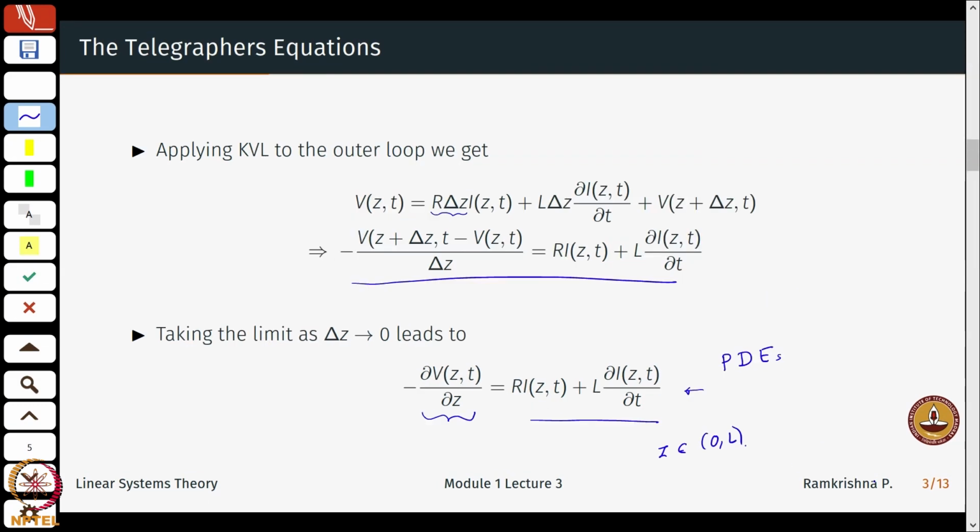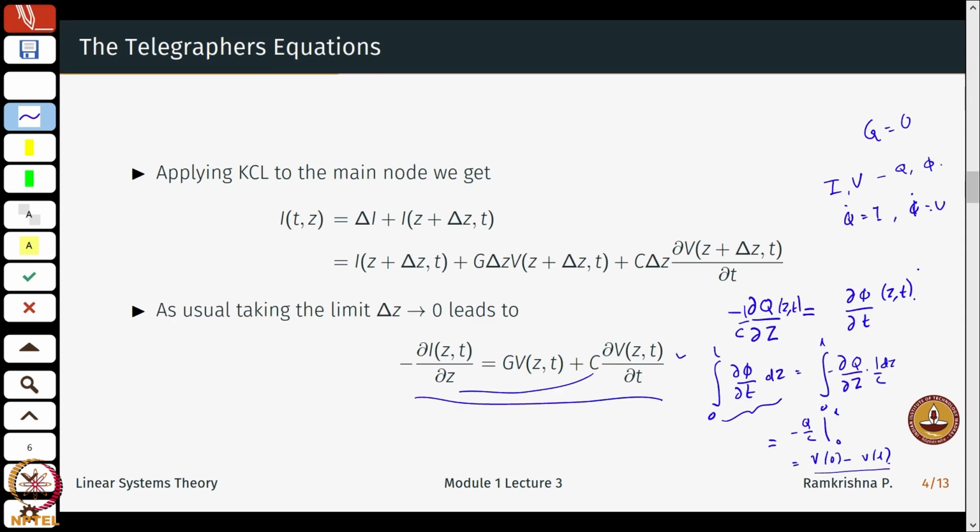Similarly, I can write the same for the other equation. If I again write it in terms of q and phi, assuming r equal to 0, what I will have is d phi by dz, where phi is the flux, times 1 over L, equal to dq by dt. And similarly to what I had here, I can derive the conservation law.